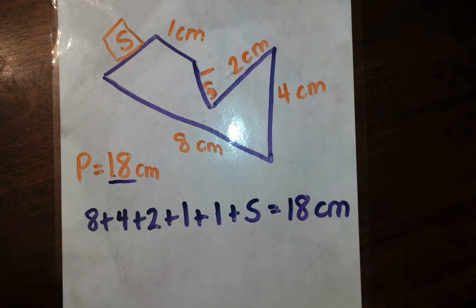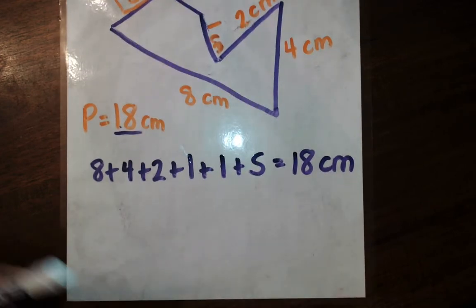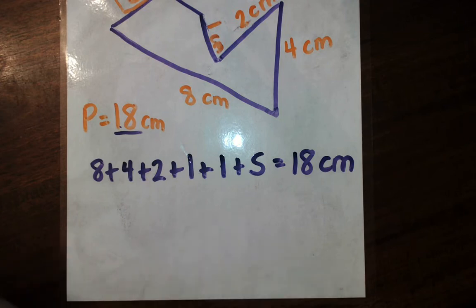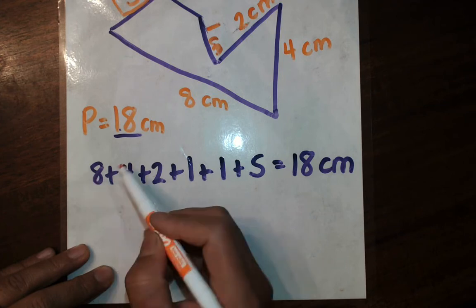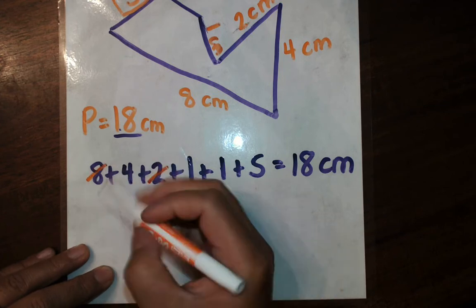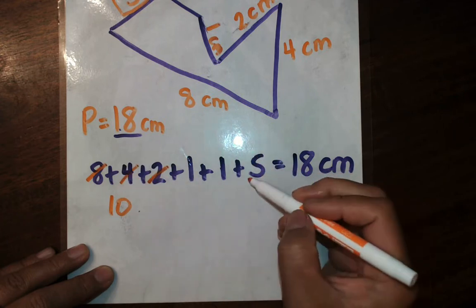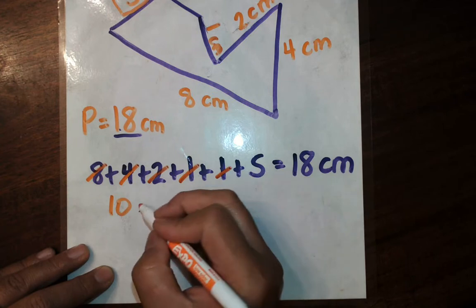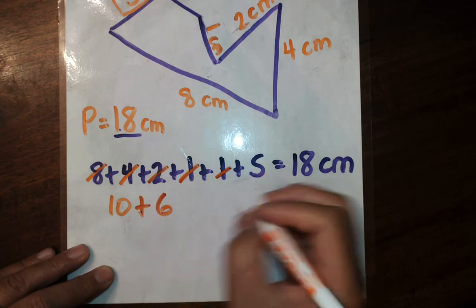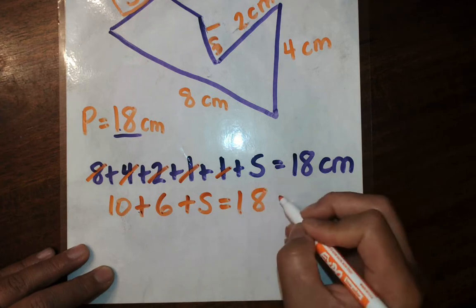Let's see if we can do it using the 2 different strategies that I just showed you. We can start by adding up what we already know. Look at this, I see something here. 8 plus 2 is 10. And 4 plus 2 more, 4, 5, 6 is 6. And then whatever S is, and it all equals 18 centimeters.